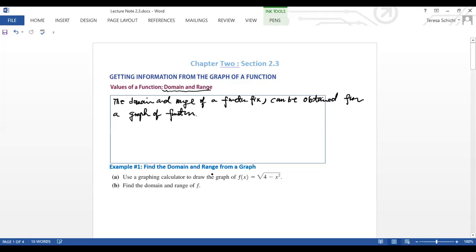Let's take a look at what I mean. If this is your graph, so this will be my function. Looking at the graph, what is the domain?